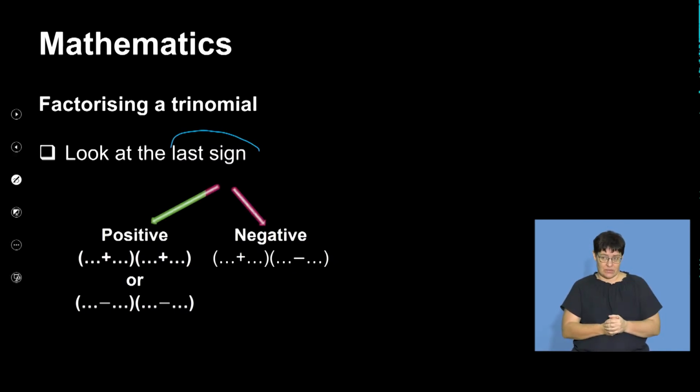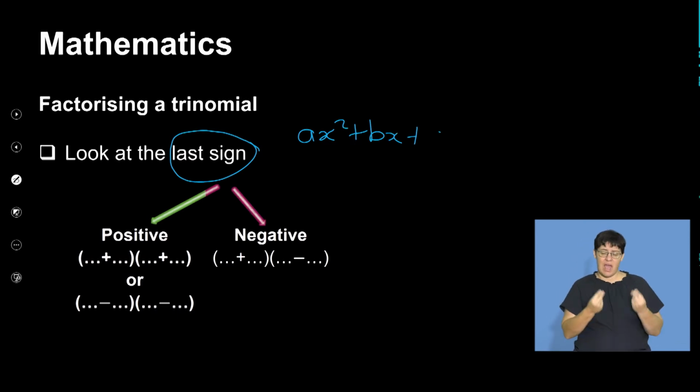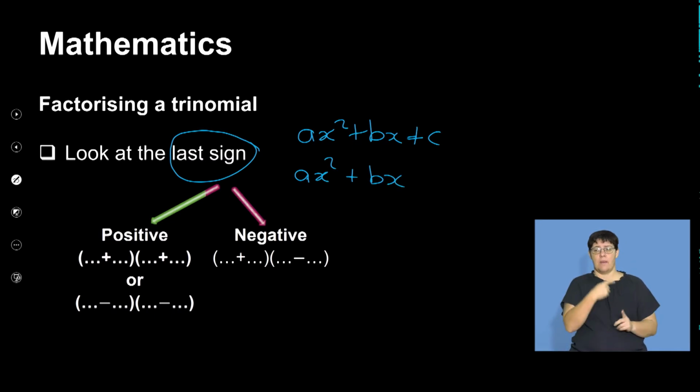You look at the sign of the last term, right? So what do I mean? If I give you ax squared plus bx plus c, or ax squared plus bx minus c, these are two examples. One has the last term as a positive, the other one has the last term as a negative.